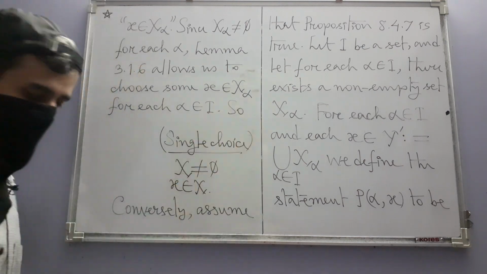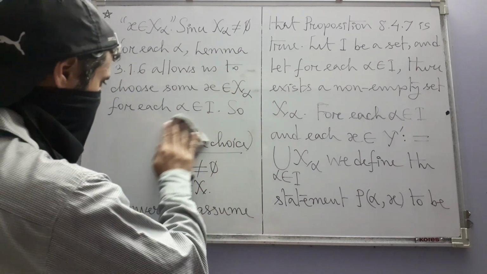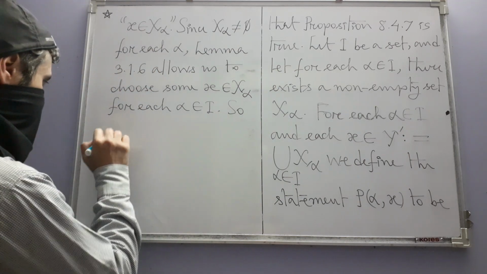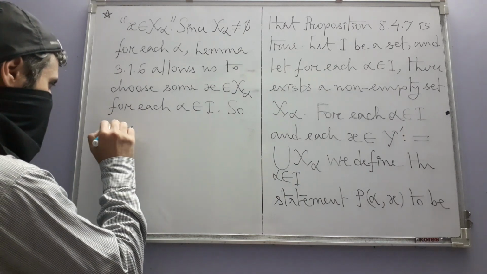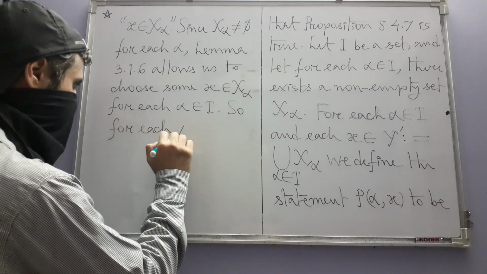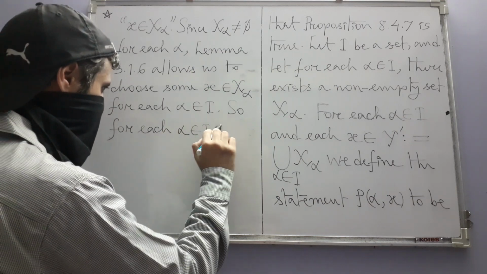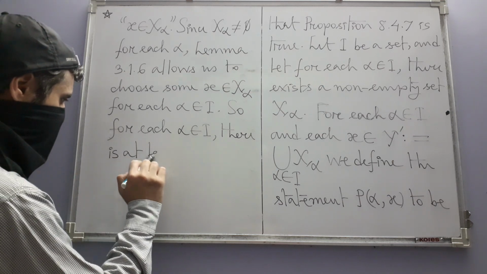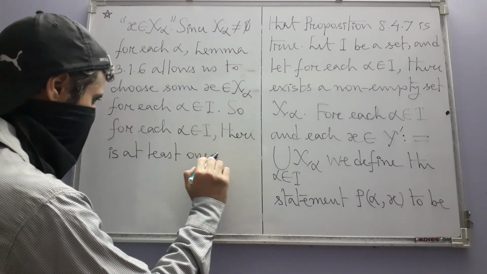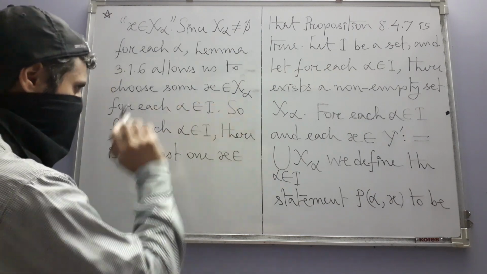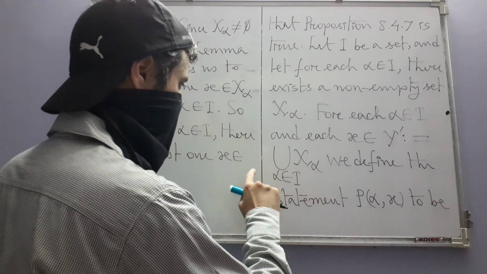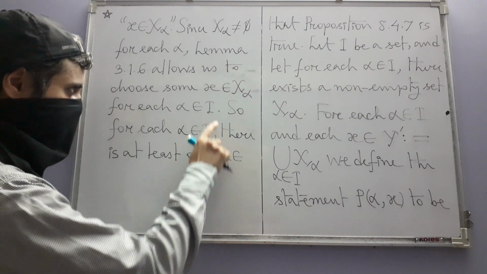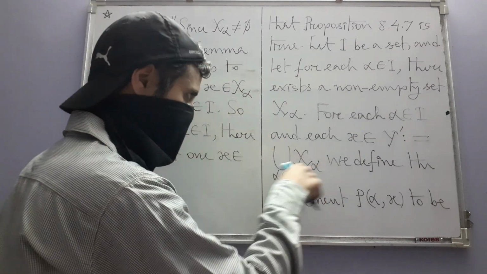So for each alpha in I, there is at least one X in X alpha, of course, but because Y prime is the union of all such X alphas, this X that we are going to choose from here after all is in Y prime.